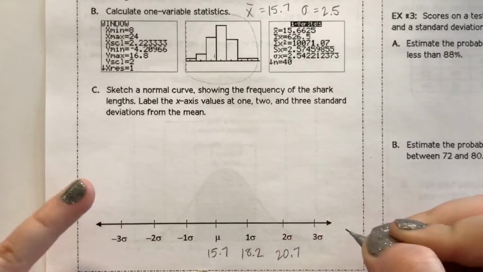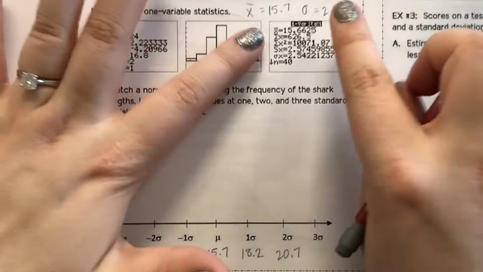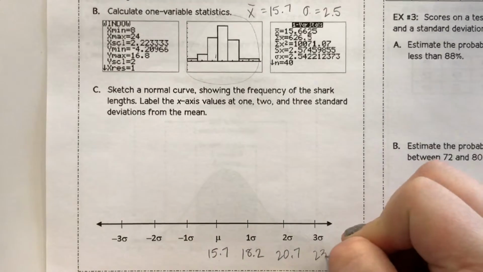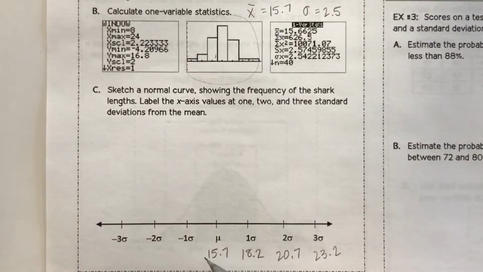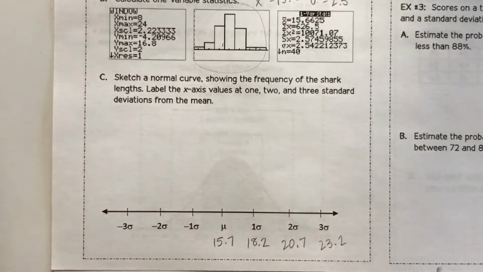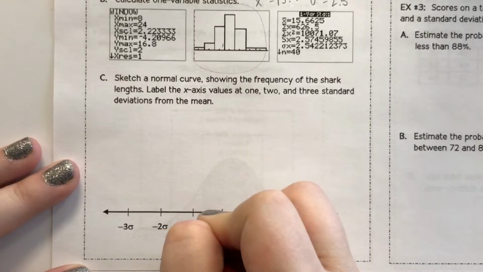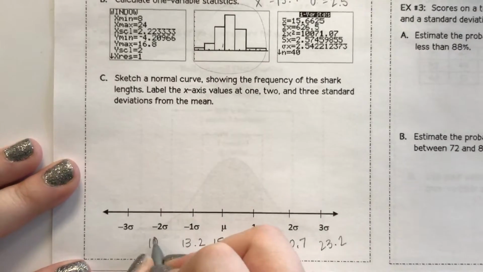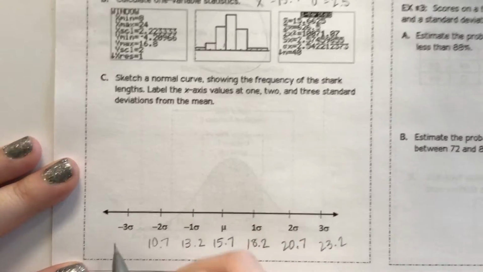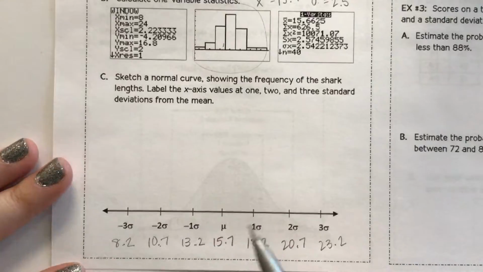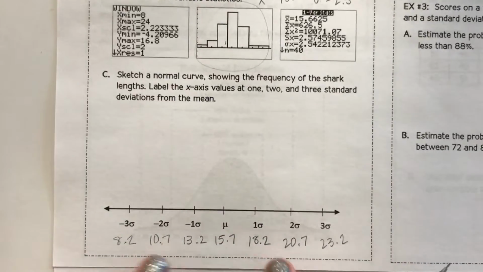So this is pretty easy stuff. You're just adding these together. Okay, and then 23.2. And then we're going to go back this way. If I subtract 2.5 from 15.7, I get 13.2. If I subtract it again, 10.7. If I subtract it again, 8.2. Okay, so there's our mean and our standard deviations.